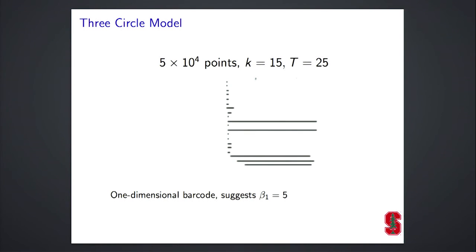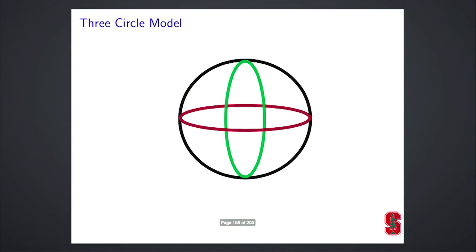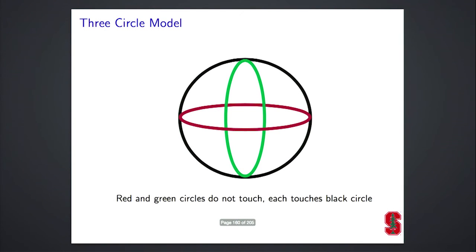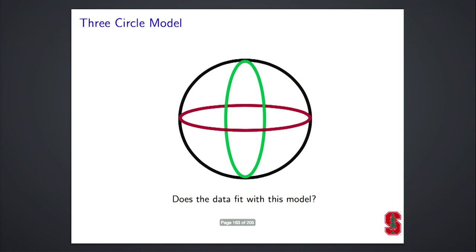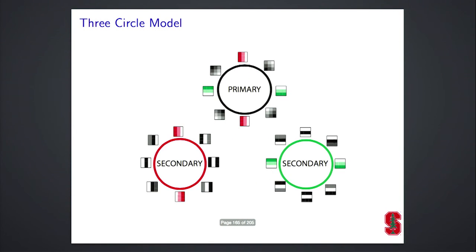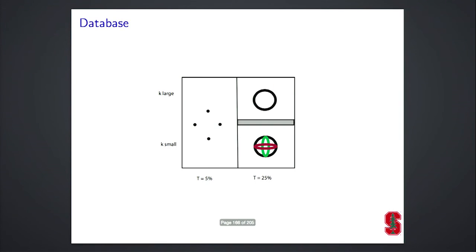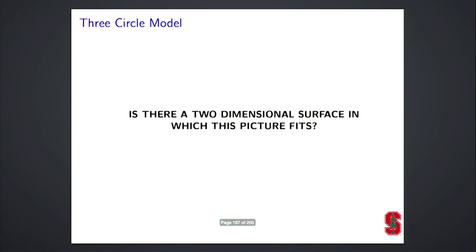It's not just that it comes out with a lot of bars, it always comes out with 5. So the question is, what's the explanation for that? It turns out that a good explanation is this 3-circle model, and here you can see that it has 5 loops. That was surprising to us and suggested that one look for a 2-dimensional version as well.